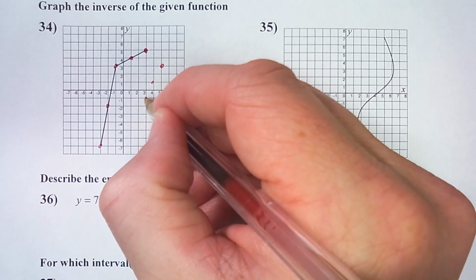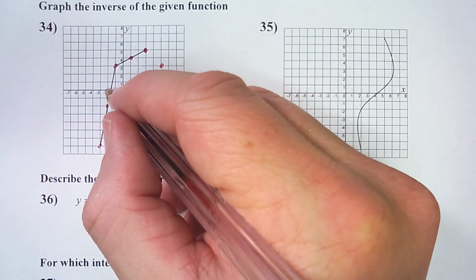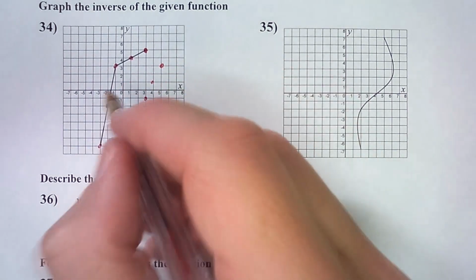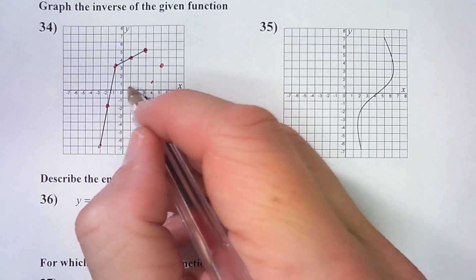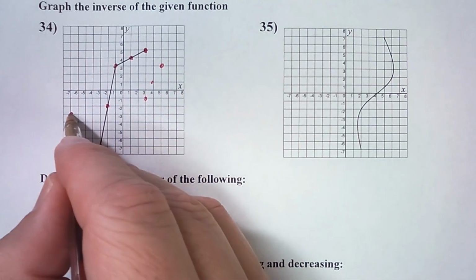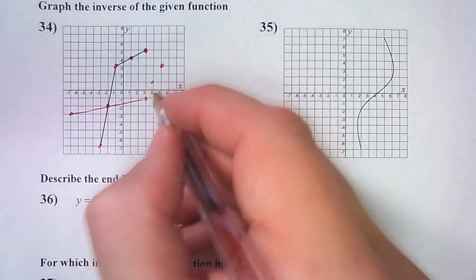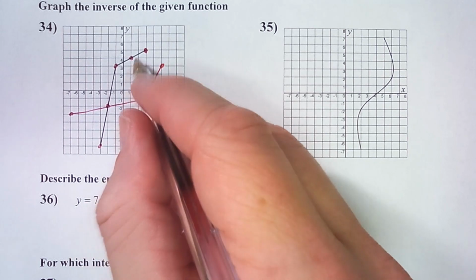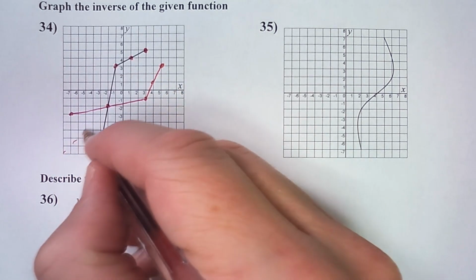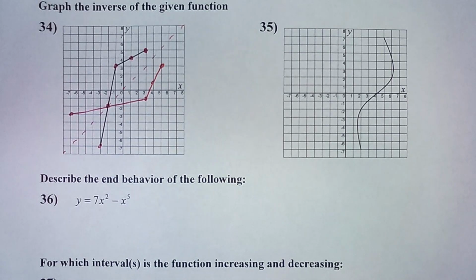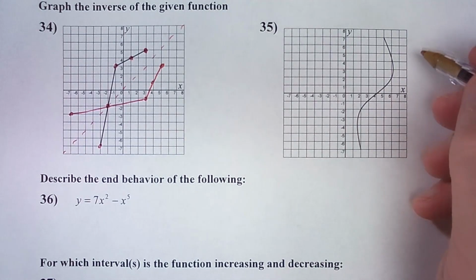Negative 1, 3 becomes 3, negative 1. Negative 2, negative 2 becomes negative 2, negative 2. And negative 3, negative 7 becomes negative 7, negative 3. This function and its inverse are reflections of each other over y equals x.